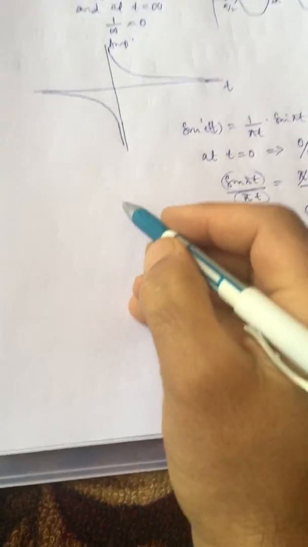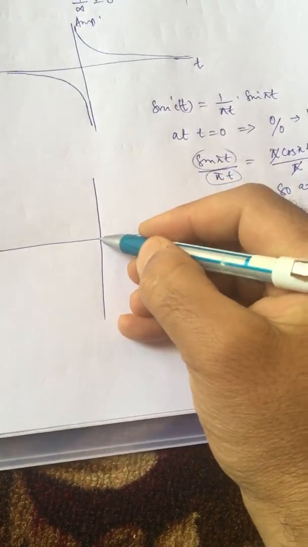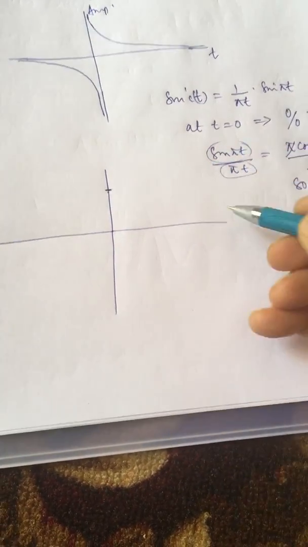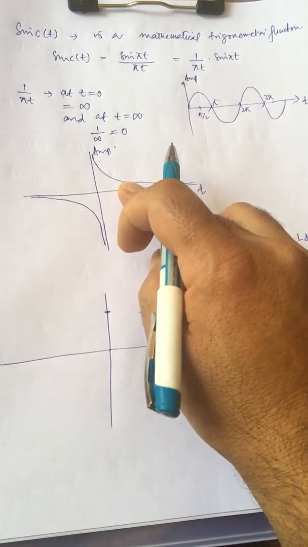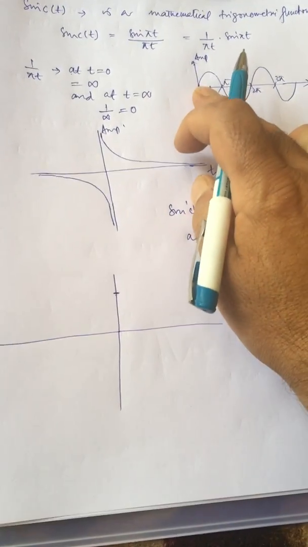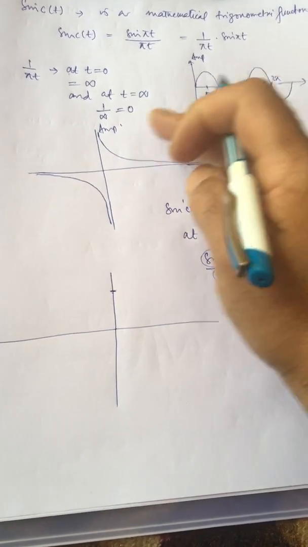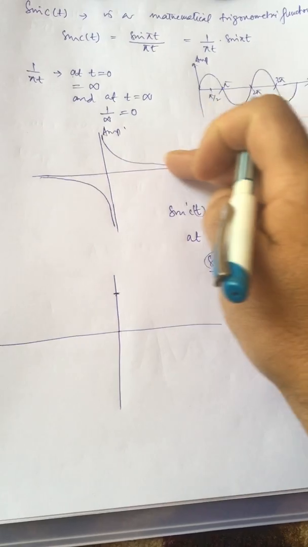So the final graph of sinc of t would be, at 0 we'll have a value of 1, the maximum value at 0. Now we're multiplying this sine function with this exponential function. So when we move ahead in positive direction in time, this will get multiplied by this decreasing exponential.